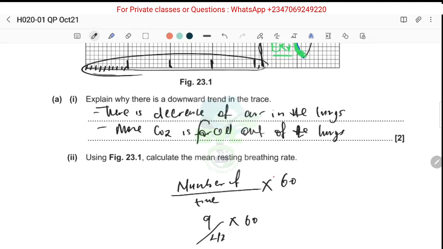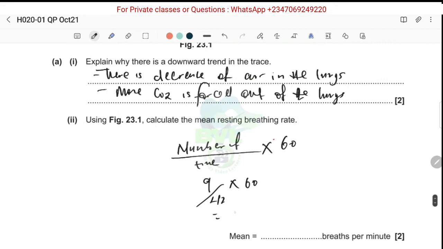If you do that in your calculator, 9 divided by 42 times 60 equals 12.85.